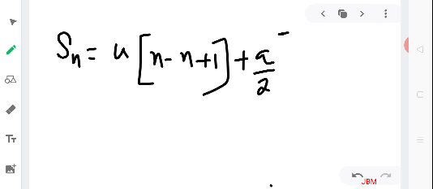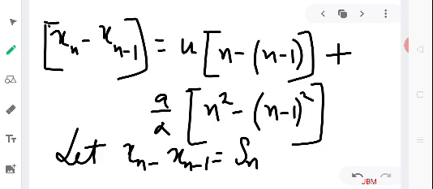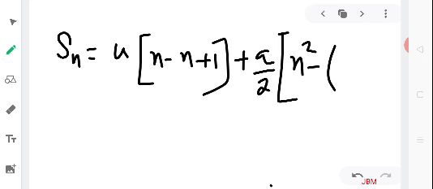In this case, first of all, let us do the expansion. So n square minus, in the second term you have n minus 1 whole square. So it is in the form of which algebraic identity? It is in the form of a minus b whole square. So you can write a square plus b square minus 2ab. So you can write n square plus 1 minus 2n. Close the brackets.